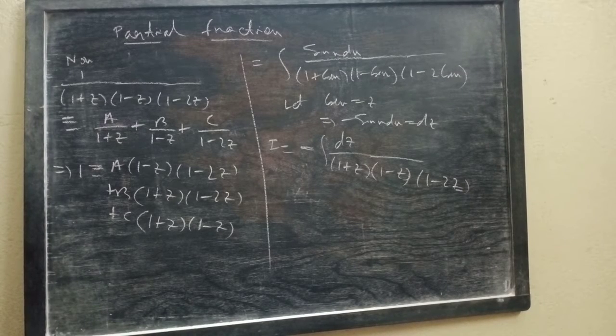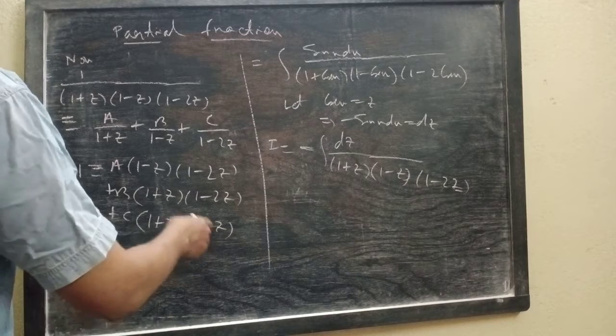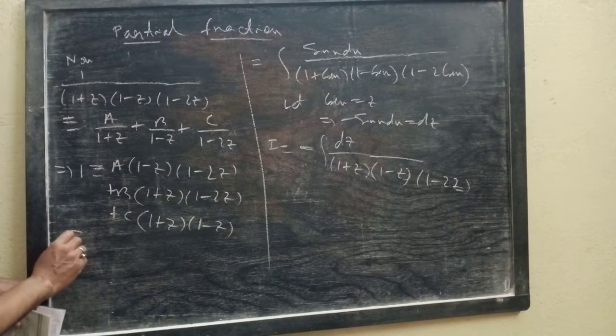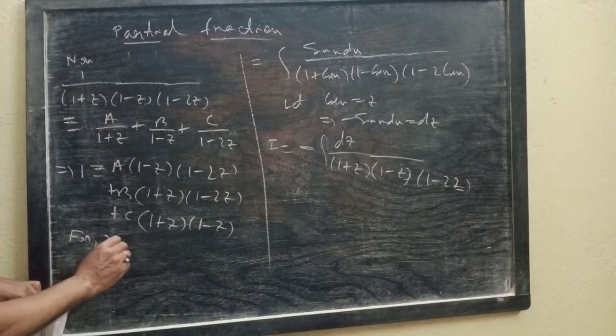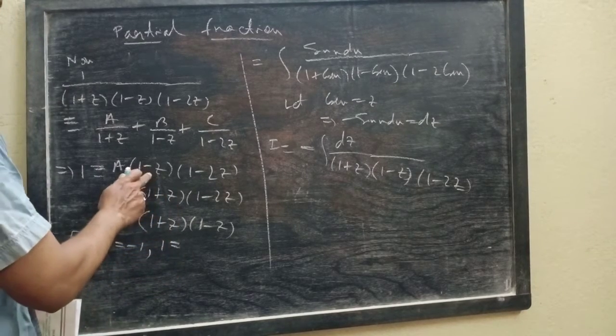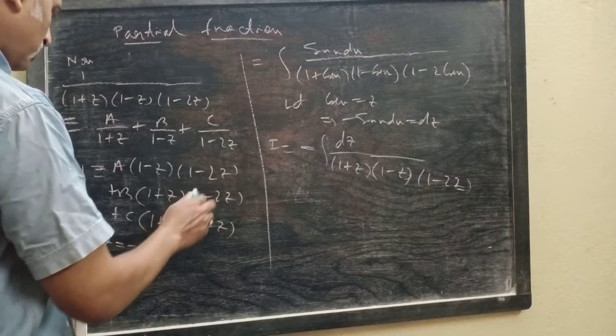Now to get the value of a, we have to vanish these two parts. 1 plus z is common factor. So for z equals to minus 1, we get 1 is equal to a into 2, 3, that is 6a.